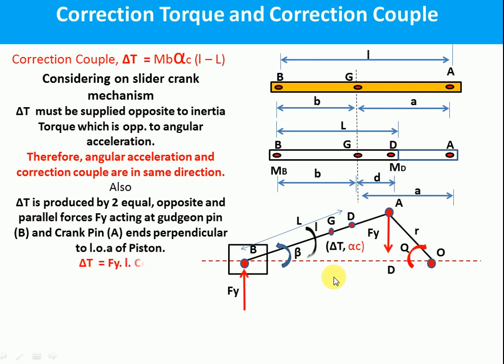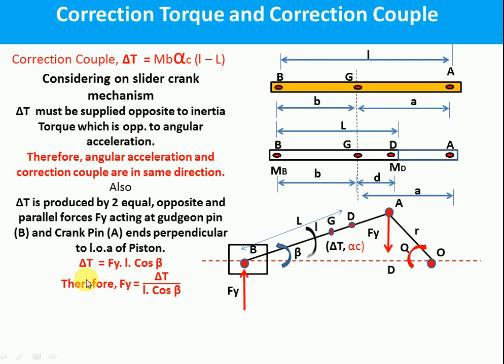So delta T can be written as Fy into L cos beta, where L cos beta is the perpendicular distance between the two equal forces at points A and B, which are perpendicular to the line of action, that is perpendicular to the horizontal line of the slider. Therefore Fy can be written as delta T upon L cos beta.